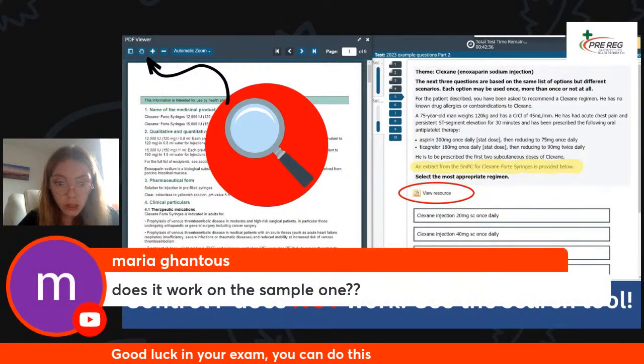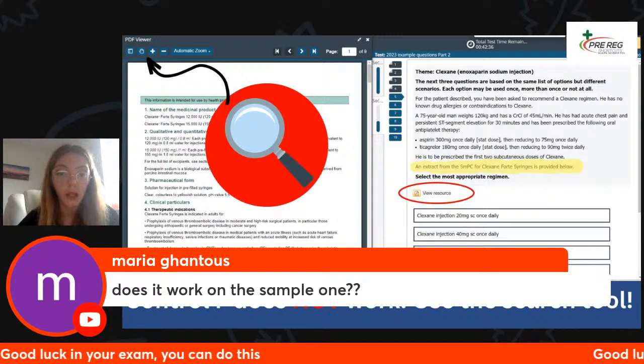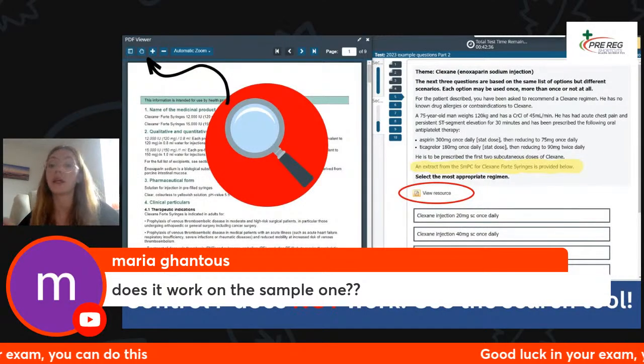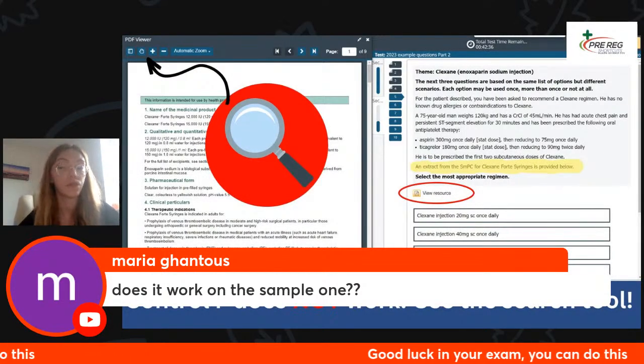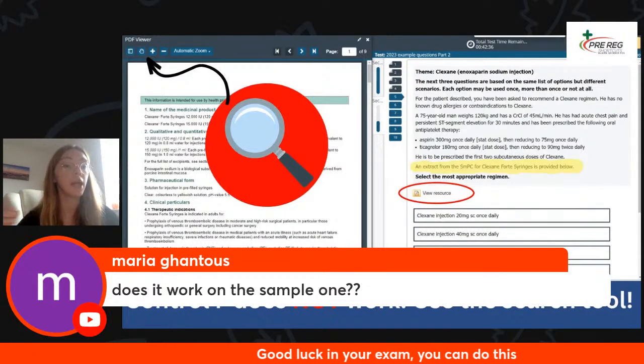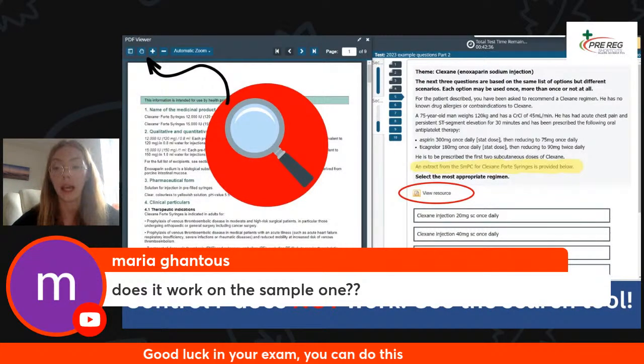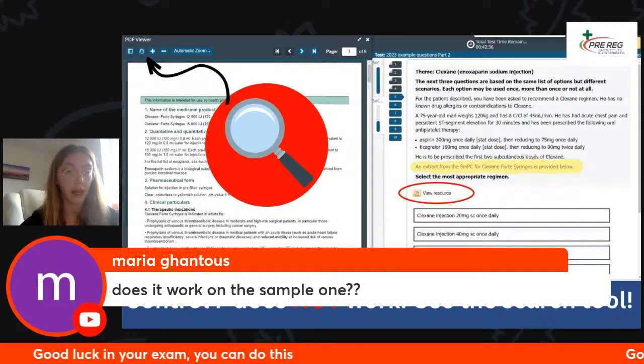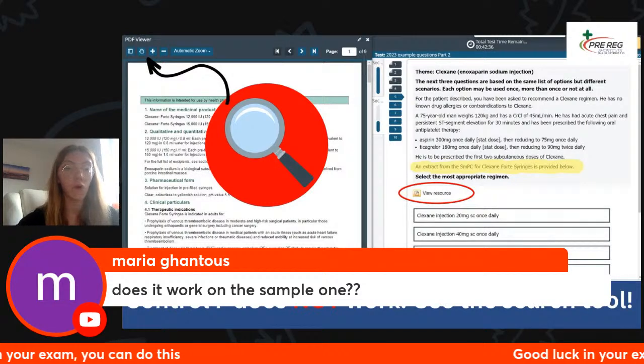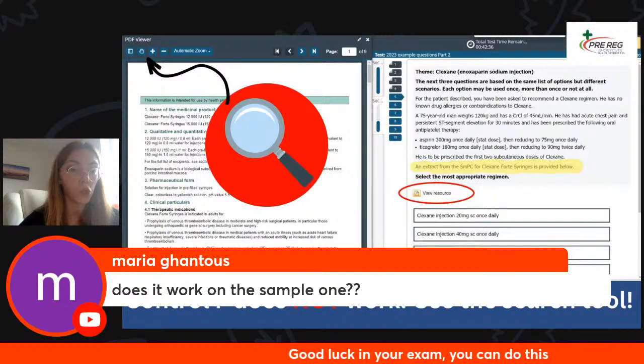Does it work on the sample one? The sample questions, it doesn't work. It hasn't got the search function tool on there, but the GPhC have said it's going to be in the actual exam. It will be a magnifying glass, right before your zoom button.